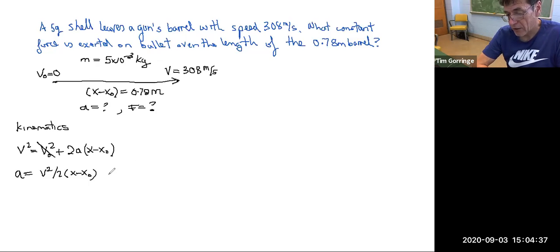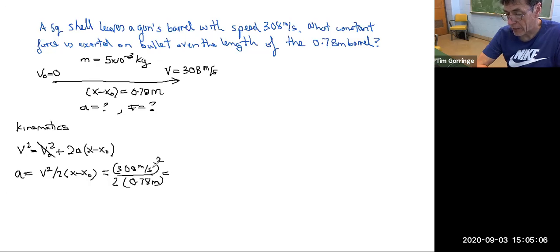And the final velocity is 308 meters per second, and that's going to be squared. And then the displacement is 0.78 meters, and that's got to be multiplied by 2.